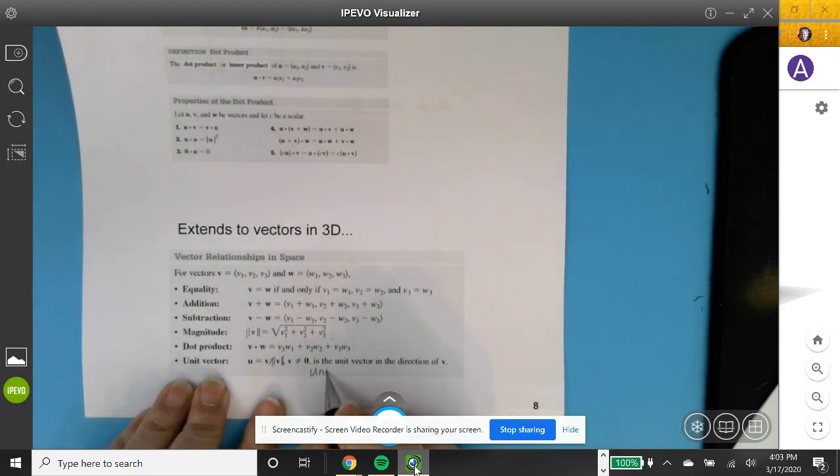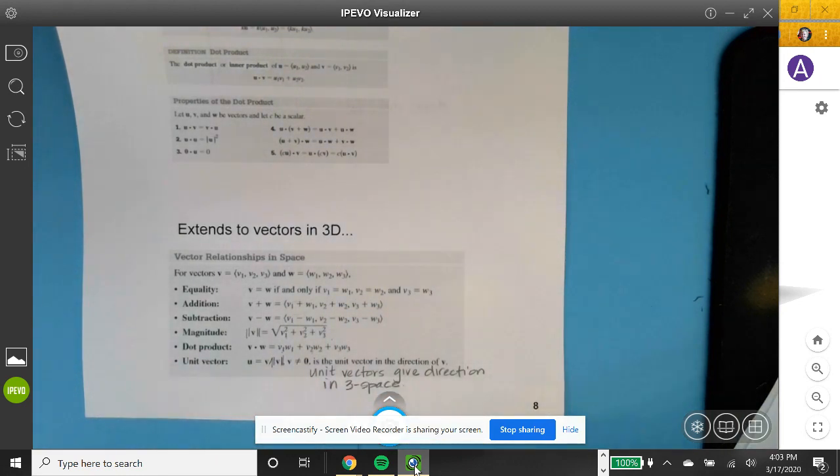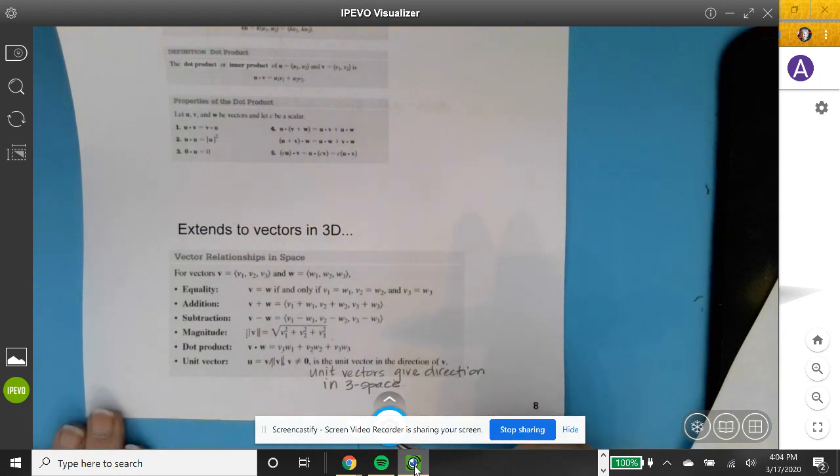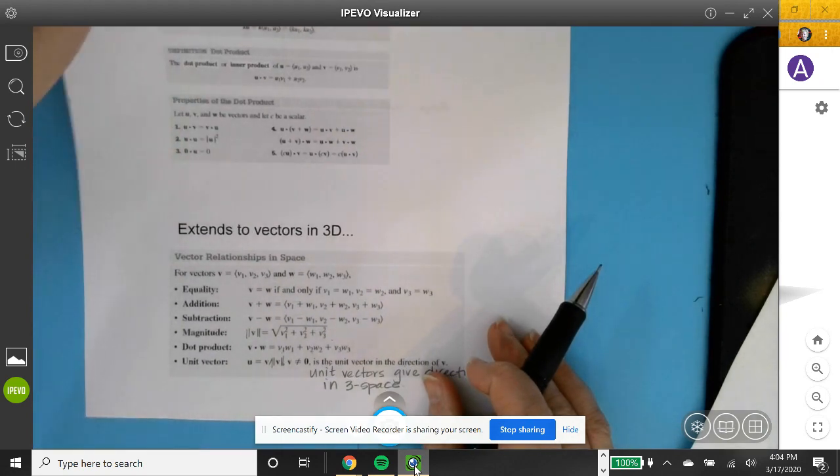So unit vectors give the direction in 3 space, because angles are a little bit more difficult in 3 space. Okay? All right. So some of the homework's going to involve you doing this in 3 space, which is really very simple to do. So I know you guys can handle that.